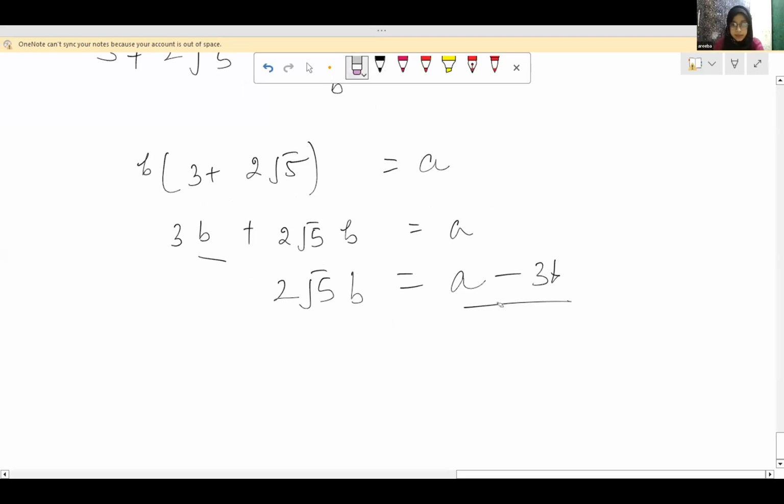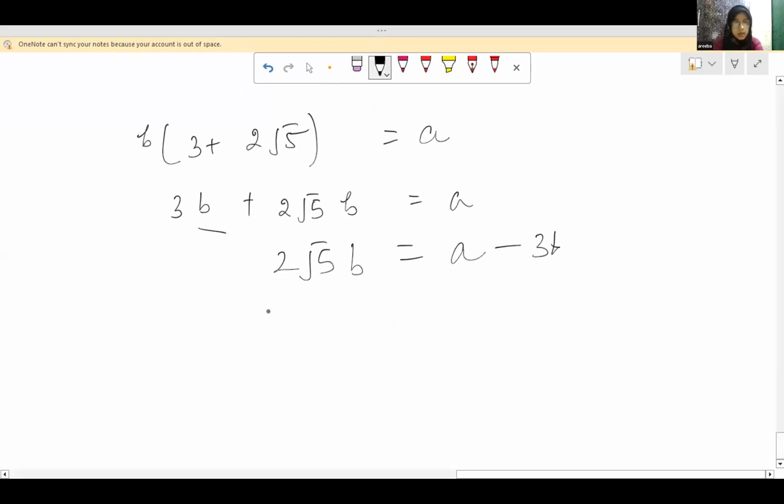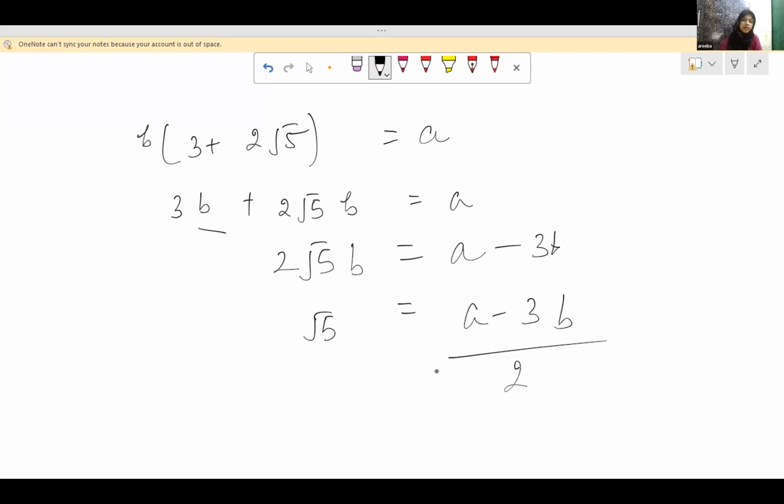Now in the next step, what do we have to do? We are simply putting b and 2 here, and root 5 is here: a minus 3b upon 2b, and this is root 5.